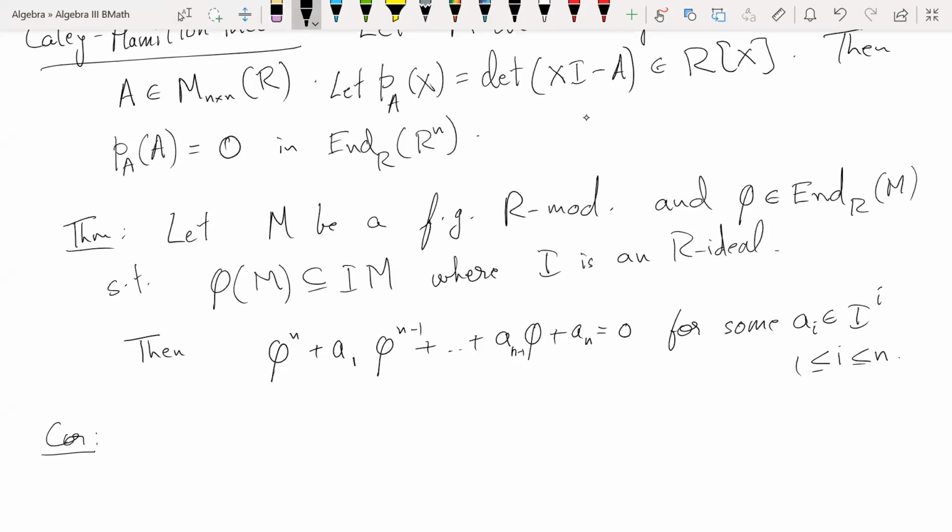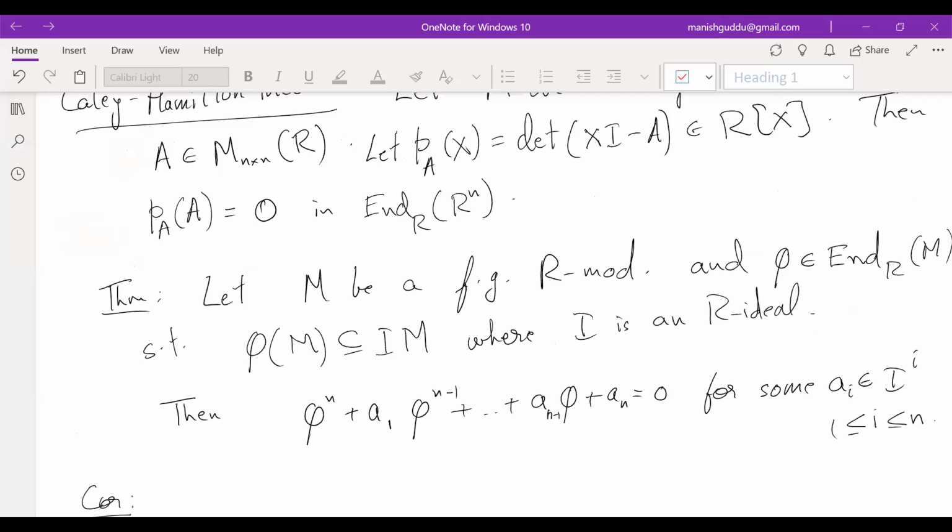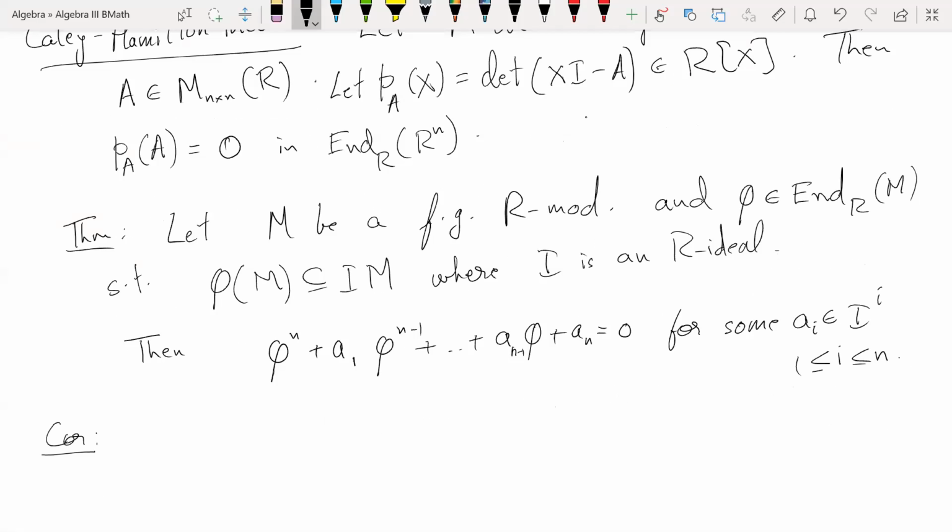So the corollary is, I did talk about local rings, right? Yes, I did talk about local rings, rings with only one maximal ideal.